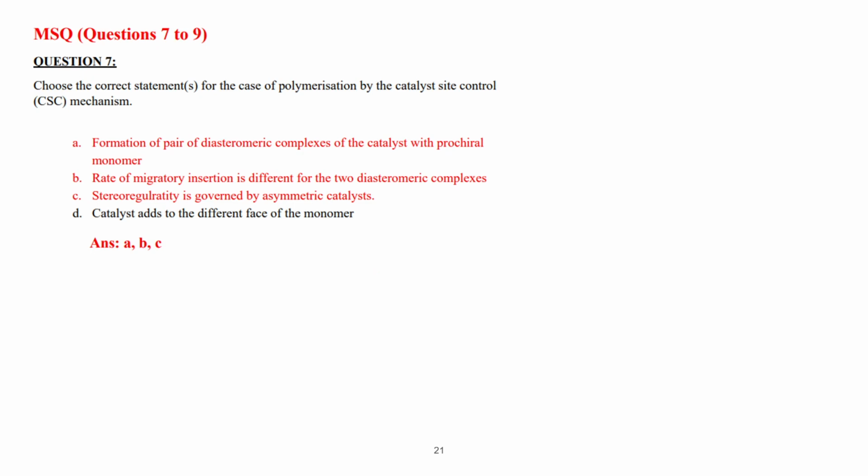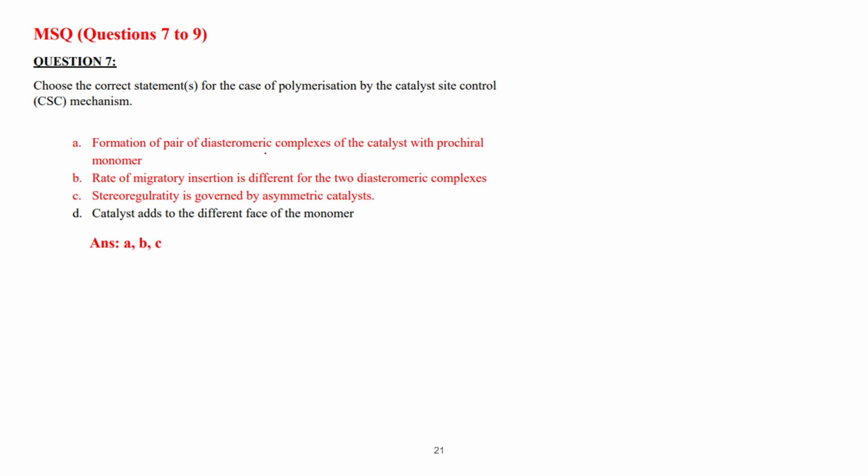Coming to our discussion about catalyzed stereoselective polymerization. For this case, you have a catalyst having some chiral ligand. This chiral ligand dictates the mechanism. We will learn about this mechanism in detail in further classes, and for now we can explain it simply like this.